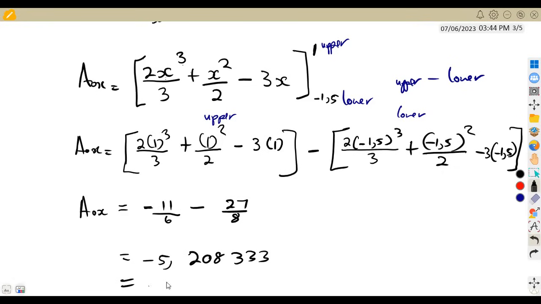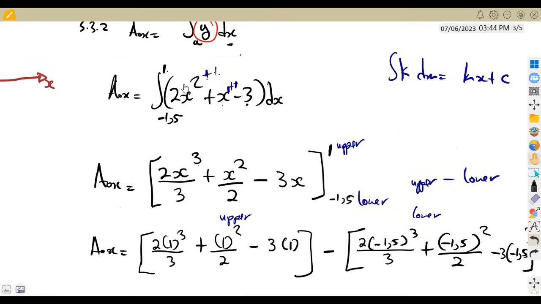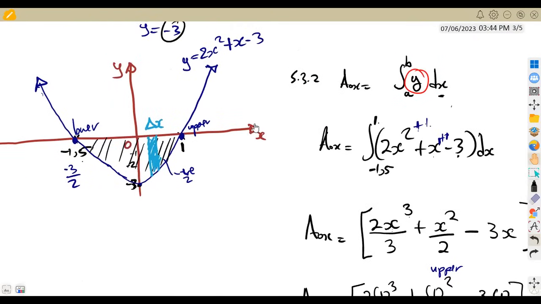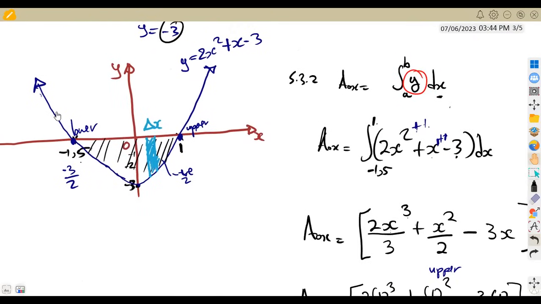So to 3 decimal places, that's minus 5.208 square units. So if you check here, your area is negative. It's because of the region, the side where it is located: it's below the x-axis. The area is below the x-axis.